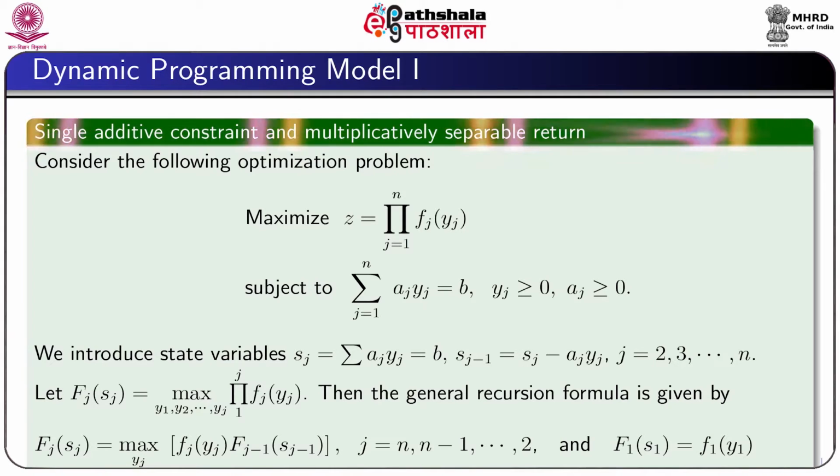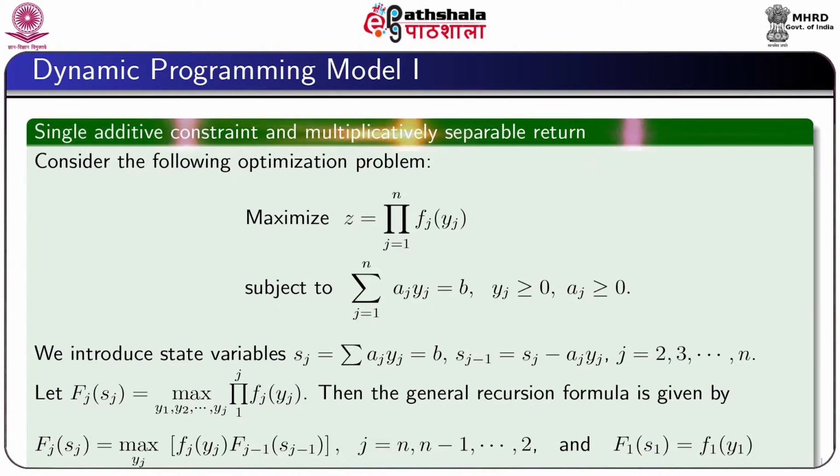Here we introduce state variables sn equal to summation j equal to 1 to n aj yj equal to b, and sj minus 1 equal to sj minus aj yj for j equal to 2, 3 up to n.